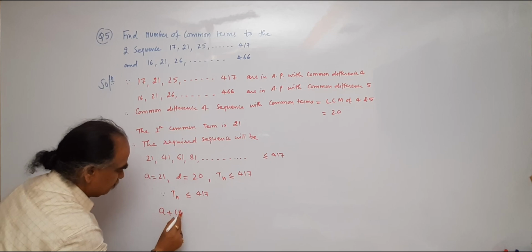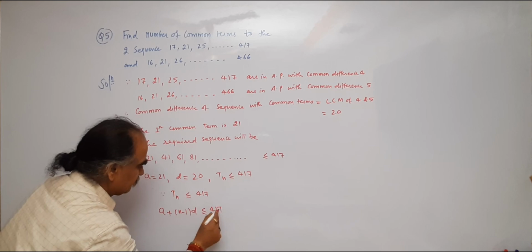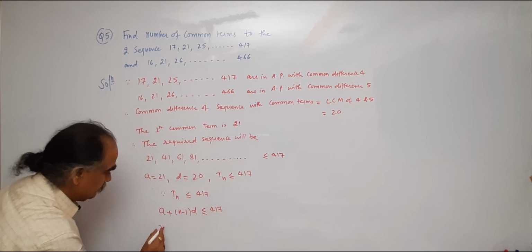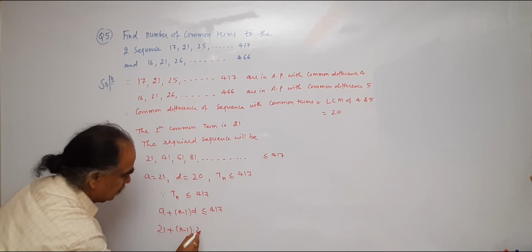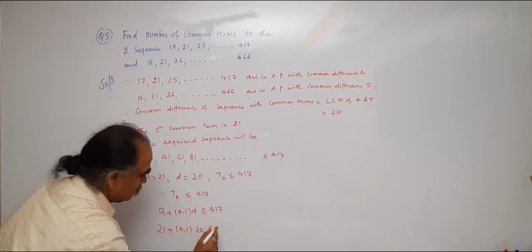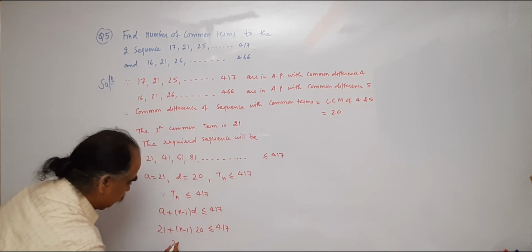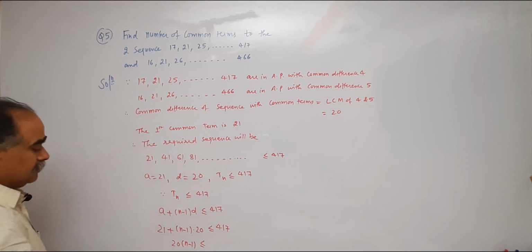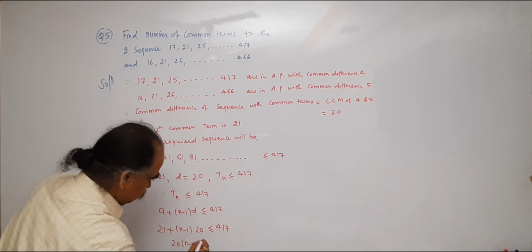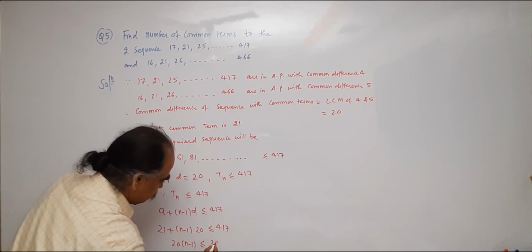A plus n minus 1 into D is less than or equal to 417. A is 21, so 21 plus n minus 1 into 20. Therefore, 20 times n minus 1 is less than or equal to 417 minus 21, which is 396.